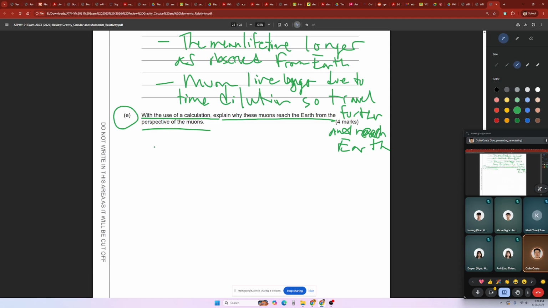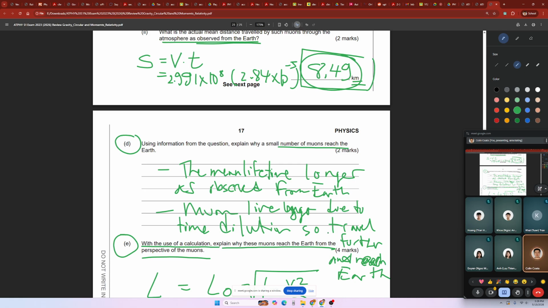So it'll have a length contraction and they experience a shorter distance. Okay. What is that length that we're going to use? What is the velocity that we have?